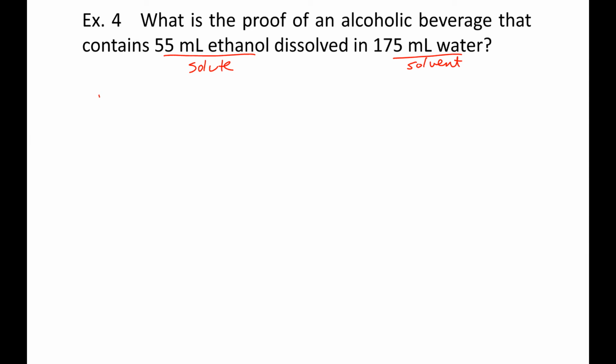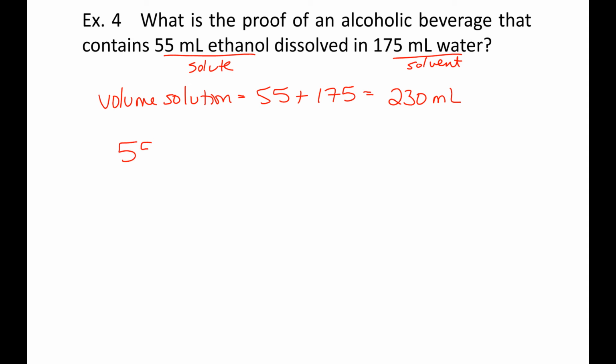So your volume of solution is 55 plus 175, which comes out to be 230 milliliters of solution. So you're going to put 55 milliliters over 230 milliliters times 100, and that's going to equal 24% by volume.